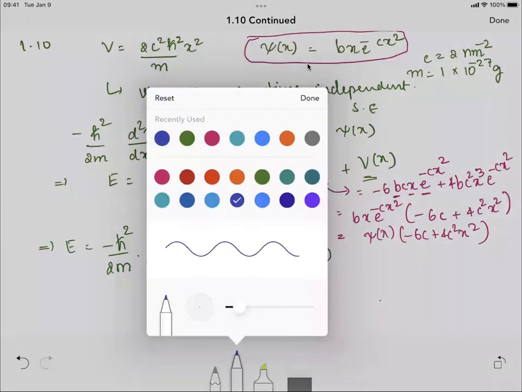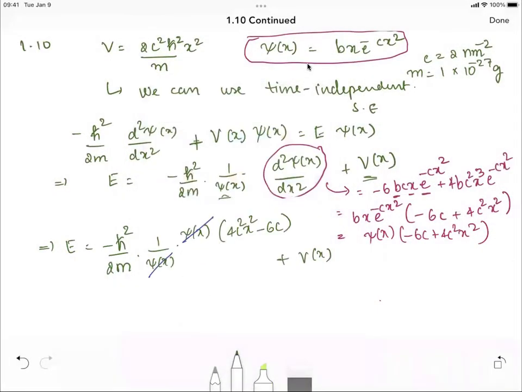And I am going to write this as h bar squared by 2m times 4c squared x squared minus 6c, plus we have the potential, which is 2c squared h bar squared x squared by m.